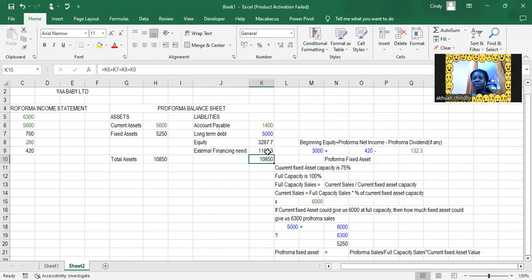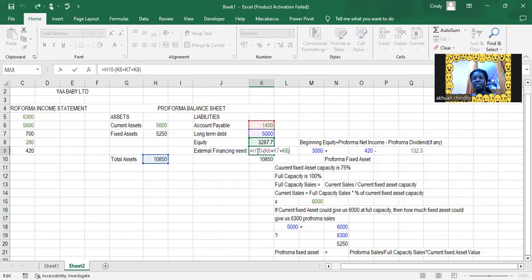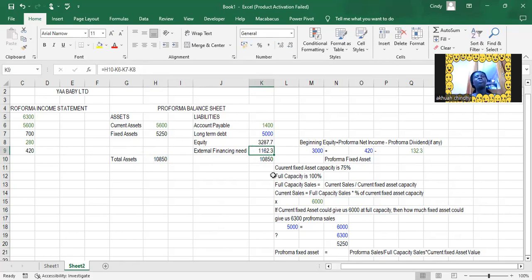So this formula is not anything difficult. If someone says, okay, I don't want this, just this asset figure, then here is equal to this asset figure minus account payable minus long-term debt minus equity to give us this. So it's the same thing. It's just the formulas that have changed. So that's basically how to find the external financing need using pro forma analysis.